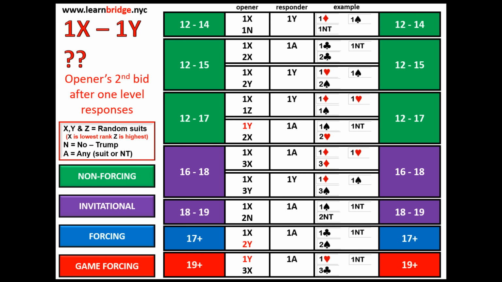Thanks. And the next invitational bid is exactly like our 12 to 15 section. It's going to be a little bit higher. And this is when we jump and raise our partner's suit. So 1X, 1Y, 3Y. And the example is one diamond, one spade, three spades, right? That should be 16 to 18 for sure.